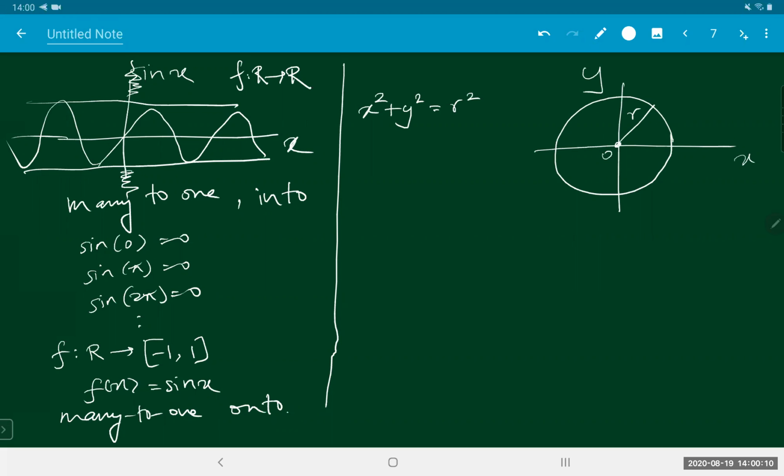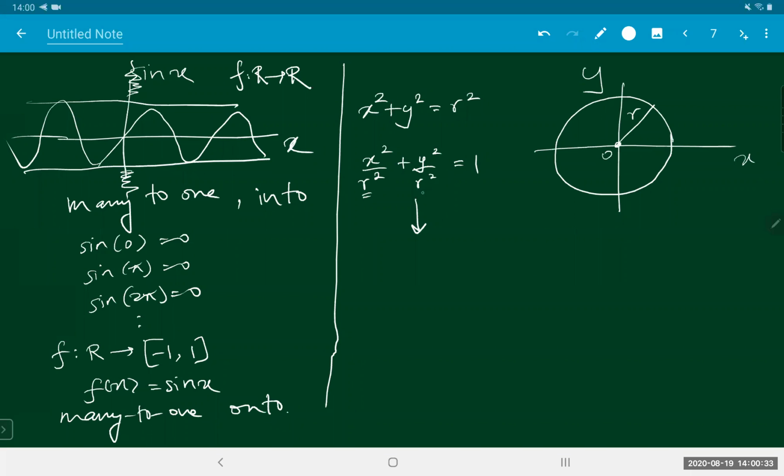Have you seen this before? Okay. Or in other words, I can also write x squared over r squared plus y squared over r squared equals 1. And then I can generalize this.